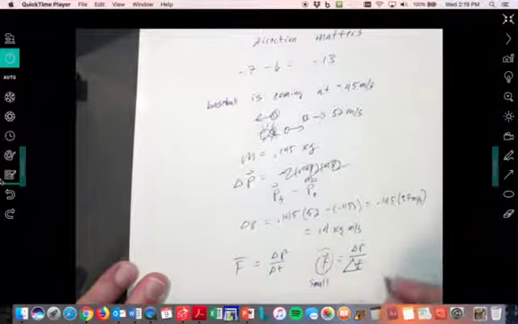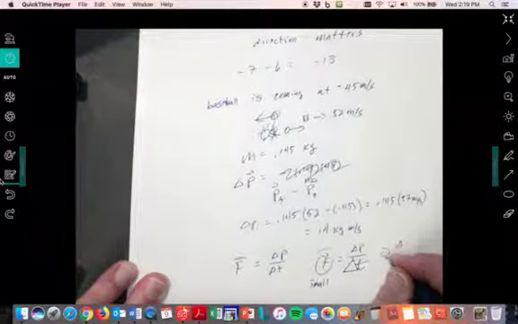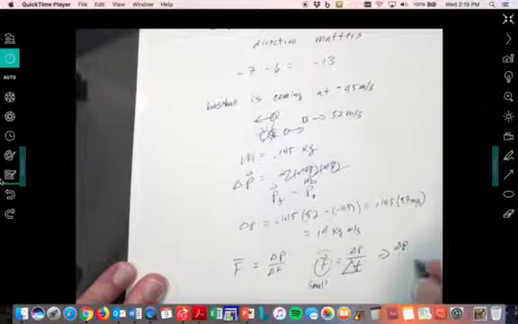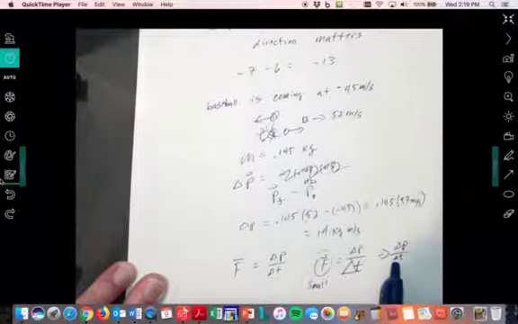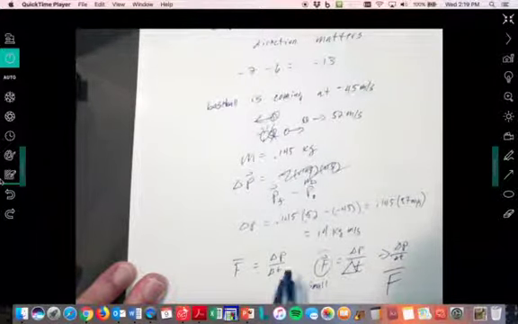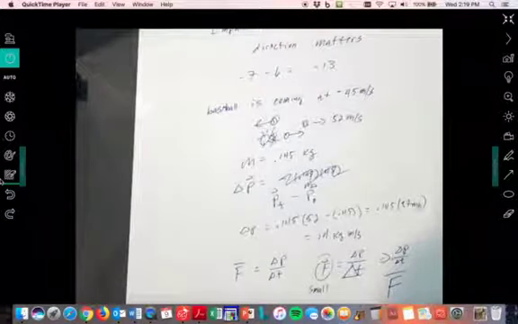But if we have the same change in momentum and the time is really small, in other words, if I divide by a really, really small number, then my force gets huge. And this collision between a bat and a ball doesn't last long, so it's got a tremendous amount of force. Okay.